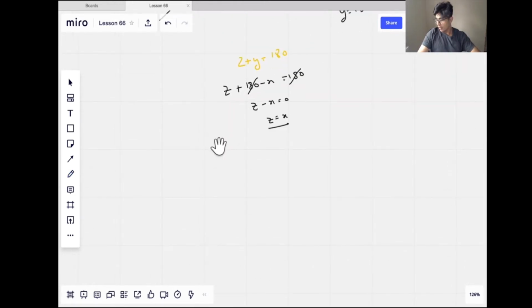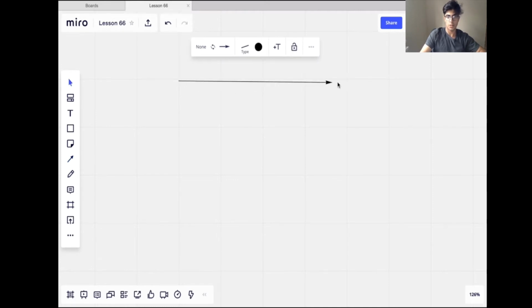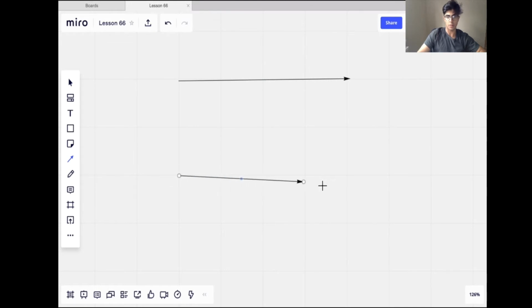The other fact we have is something known as corresponding angles. This time, let's consider two parallel lines. We have this line here, and another line which is parallel.